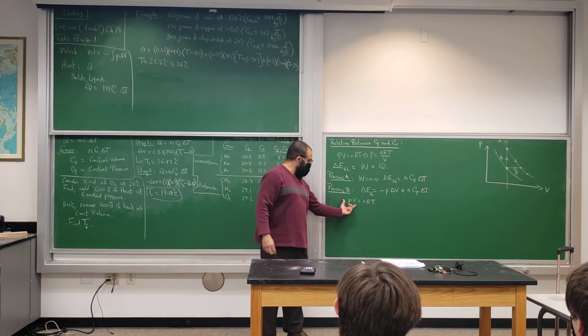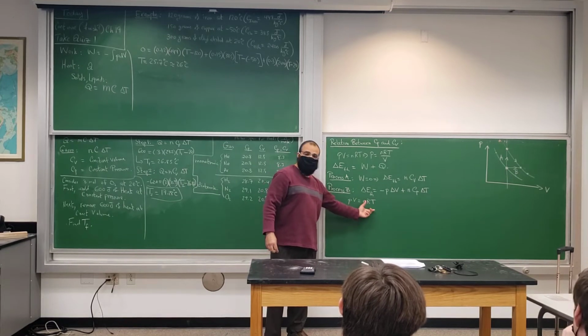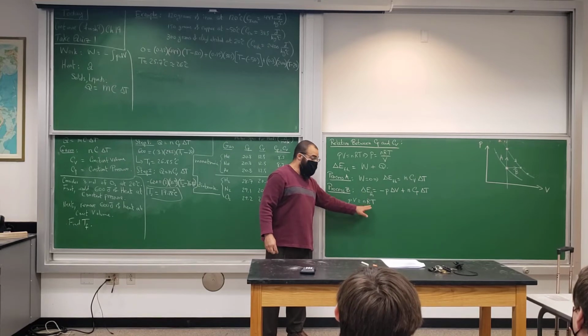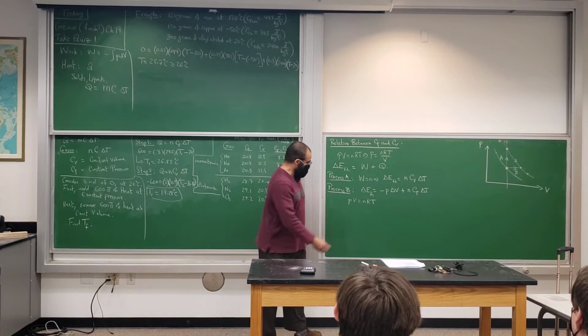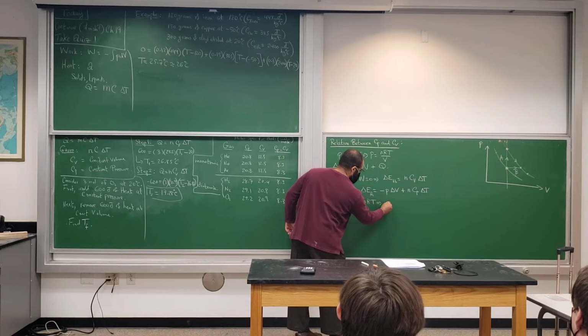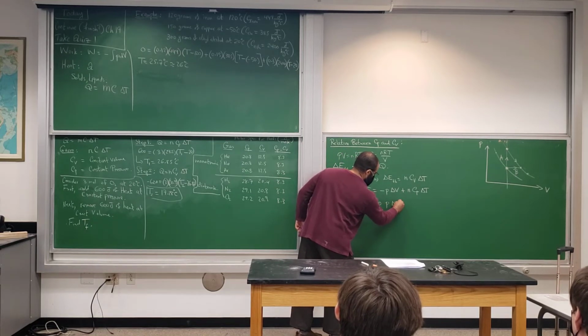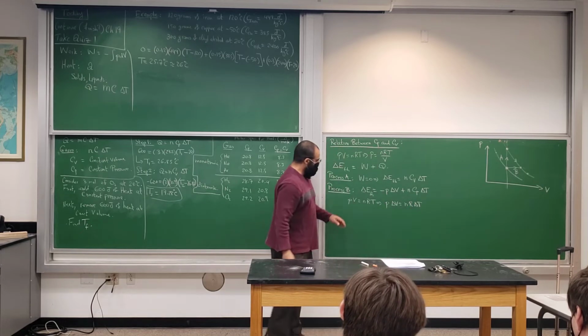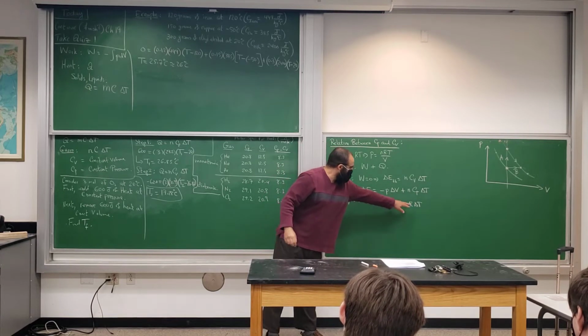Because any change on the left side has to be from V, because P is constant. And any change on the right side has to come from where? From T, because n and R are constant. So that means P delta V is the same as n R delta T. And that's what I'm going to replace this by.